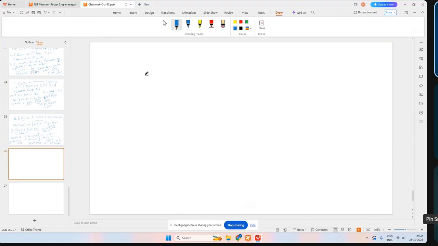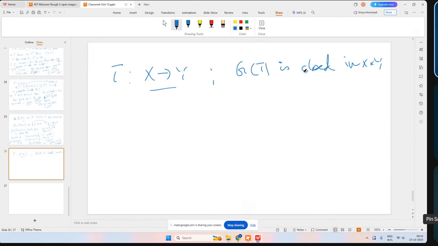What the closed graph theorem says is, if you have a linear map T from X to Y, both Banach spaces, and the graph of T is closed in X cross Y, then T is continuous.